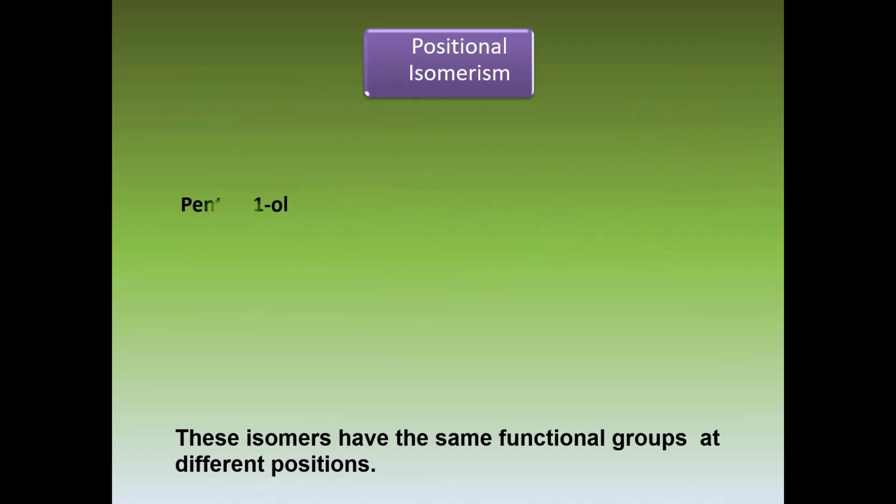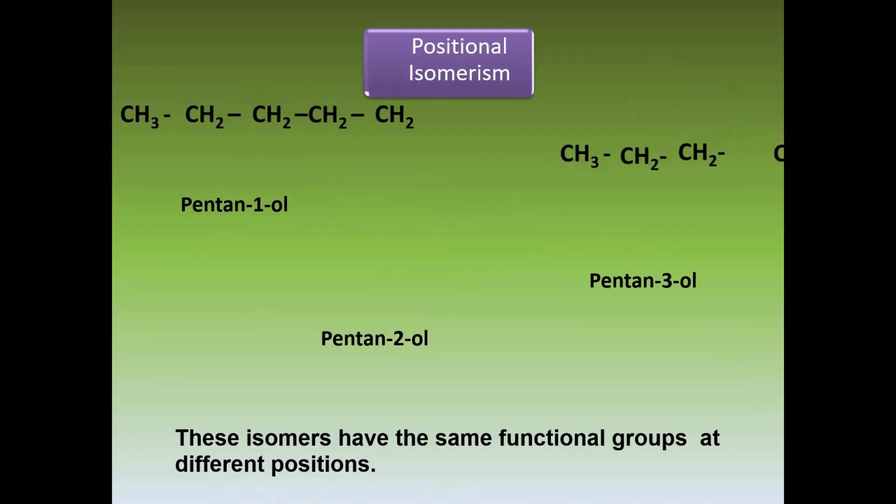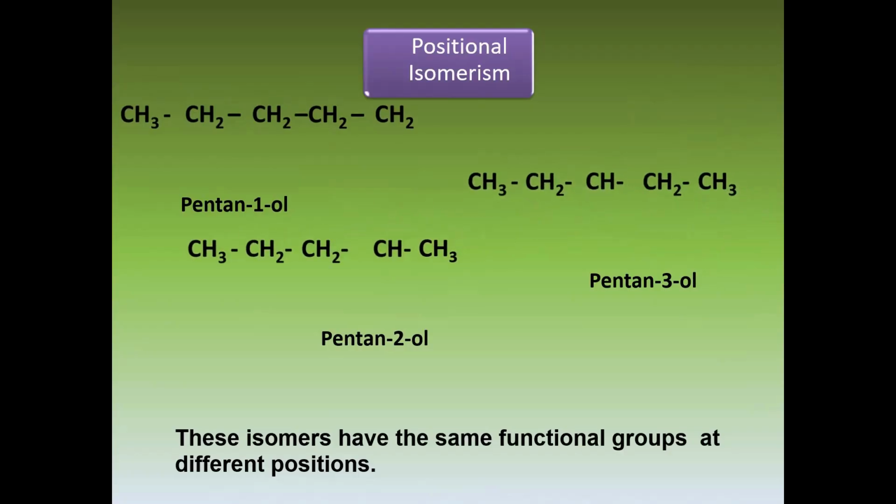And we can also check this example again in this manner: all are 5-carbon chains, but in one, the OH group is attached with the first carbon, then it is attached with the second carbon, and then with the third carbon.